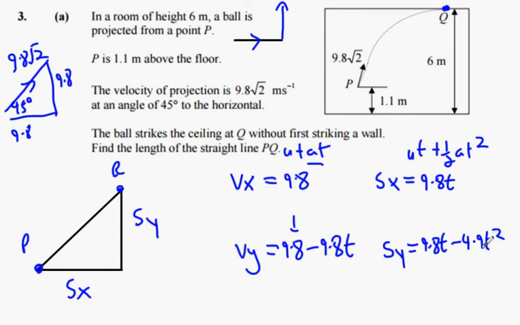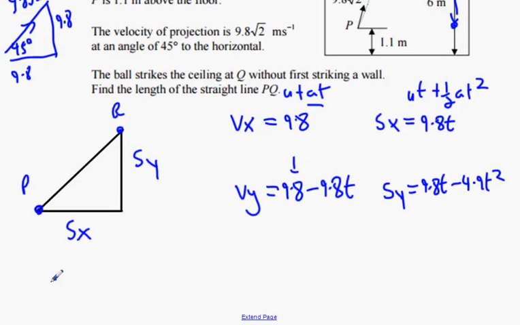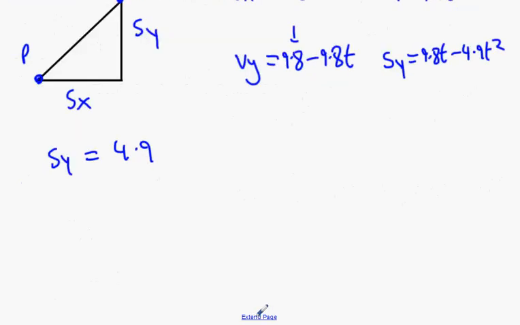Now, next thing. What height have we ascended when we hit the ceiling? 4.9, because the ceiling is at 6, but we started 1.1 off the ground. So s_y equals 4.9. It doesn't give us anything about s_x. So we put in 9.8t minus 4.9t squared equals 4.9.